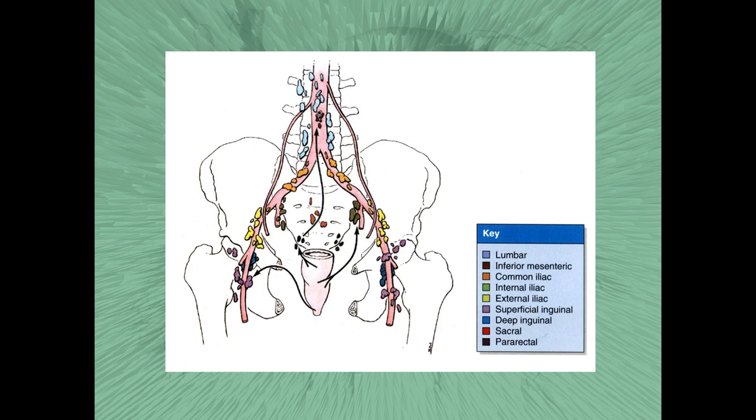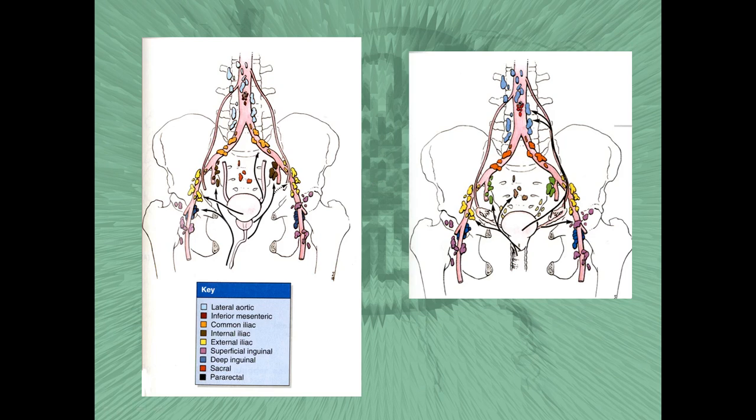From the anal part, which is related to the perineum, lymph drains into the superficial inguinal lymphatic nodes, then to the external iliac lymph nodes, common iliac lymph nodes, to the lumbar trunk, and finally to the thoracic duct.